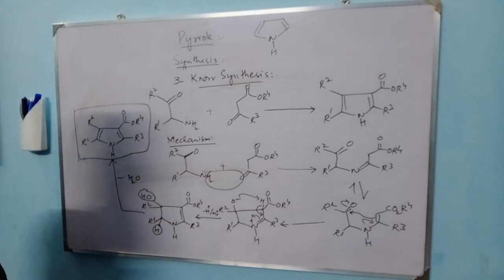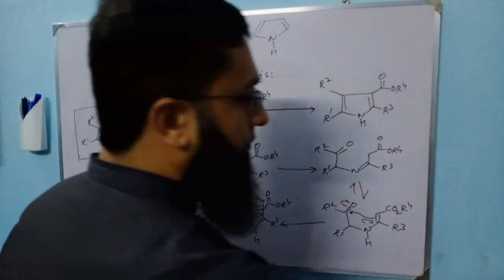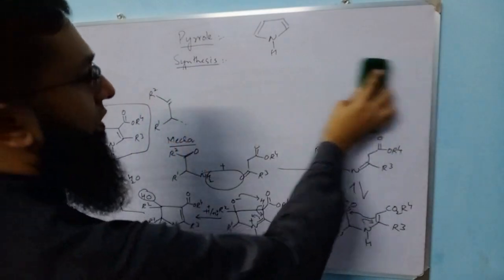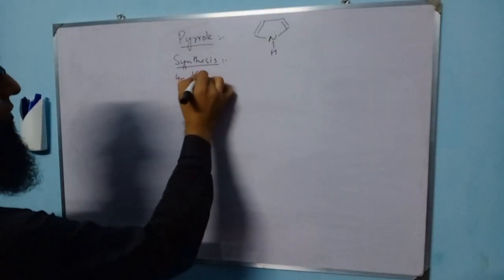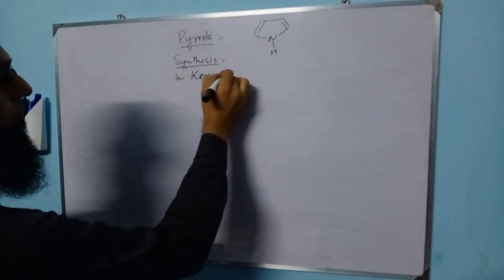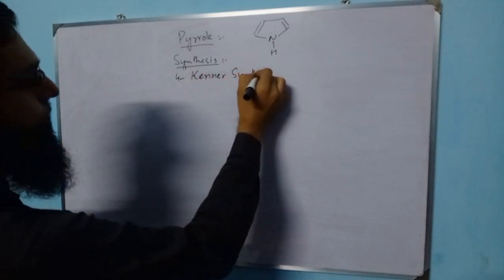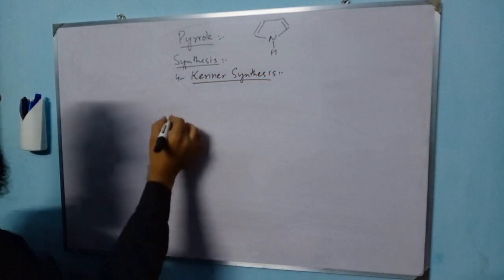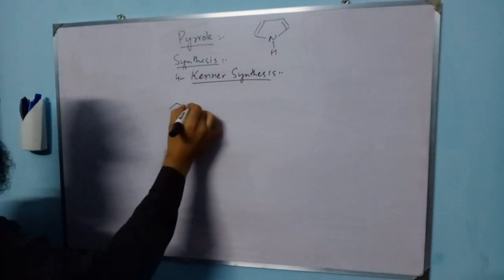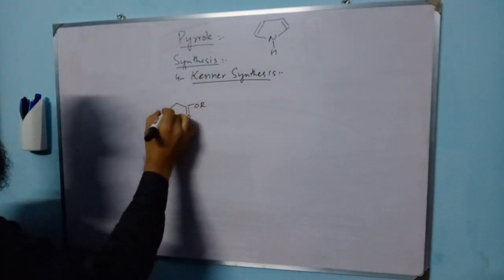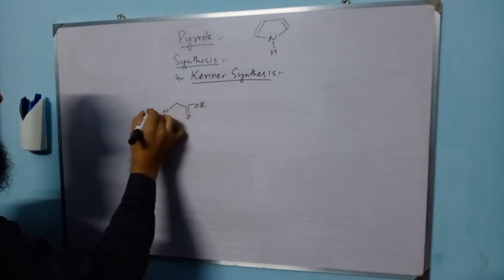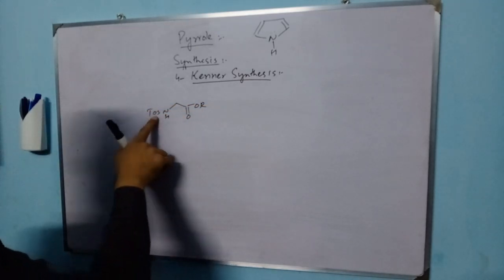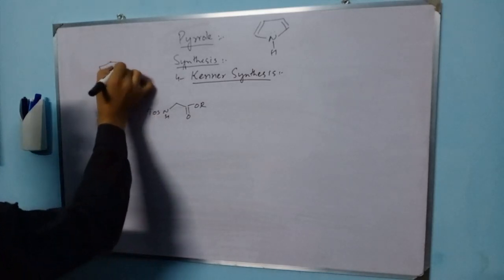Now we see the next reaction. Next reaction is Kanner synthesis. In this case, ester of glycine and protected ester of glycine is used. This is para-toluene sulfonyl group.